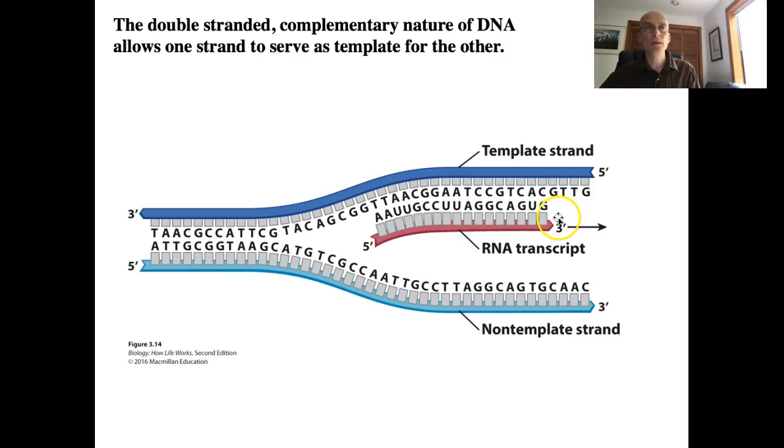Now note that if you look at the DNA, the 5' end is over here, right? And the 3' end is over here. So when we say 5' to 3' is the direction of synthesis, then what we mean is that the new molecule is synthesized with its start being the 5' end, and its latest attached nucleotide being at the 3' end.